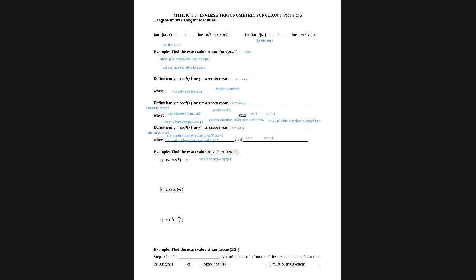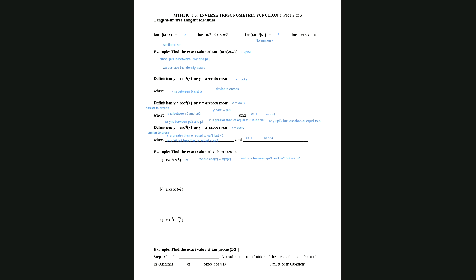And y is, well, in this case, we want it to be between negative pi over 2 and pi over 2, but not equal to 0.